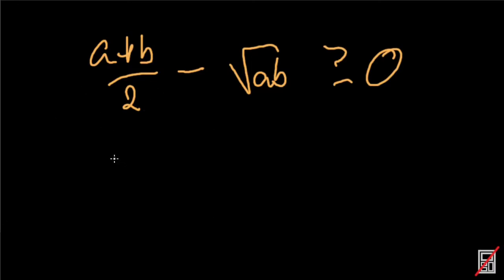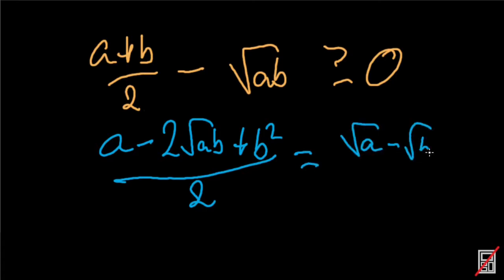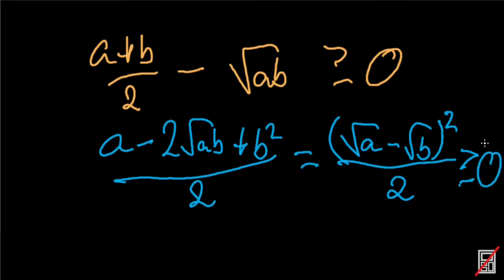Now, it may not seem like it at first, but if we write it in this form, this ends up being a difference of squares from the square roots. We actually get root a minus root b, squared, over 2. Which is fascinating because a square is always greater than or equal to 0, and dividing by 2 doesn't change that, so our number is always greater than or equal to 0.